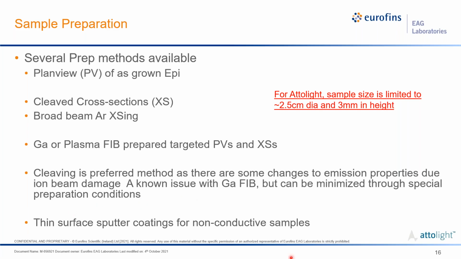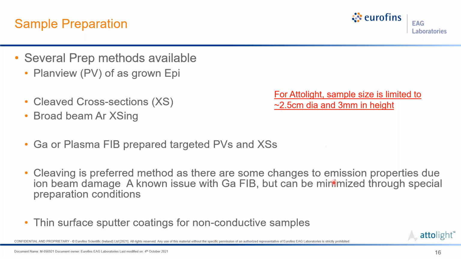And in some cases, we have to add thin surface sputter coatings for more non-conductive samples. Sometimes looking at things like on sapphire or glasses, etc. So we can add carbon layers or even very thin metal layers that don't really show up in the spectrum.